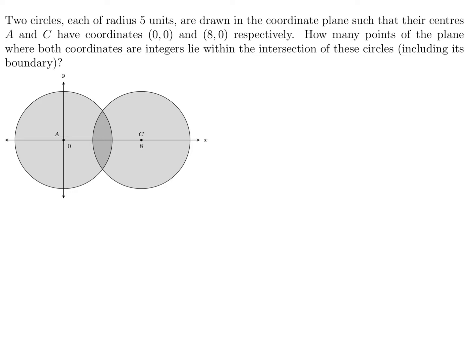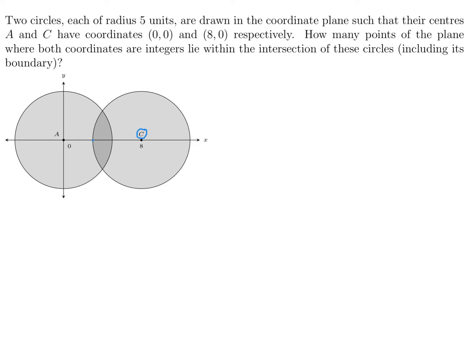Okay. Well, we can kind of look at this diagram and sort of figure this out. I don't think we will need too many equations that will be unnecessarily complicated, but just to ensure you understand what you're doing. See, the radius is 5, right? So if this is 8, this C right here, then this point right here would be 5 units to the left.